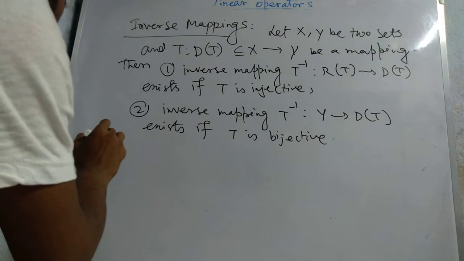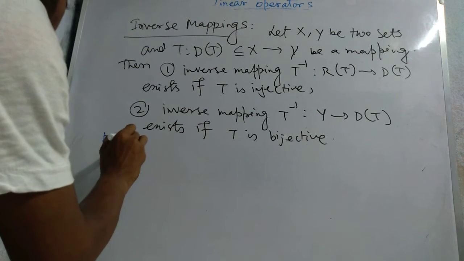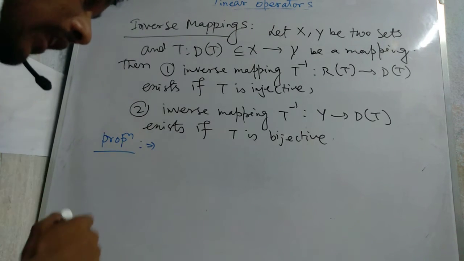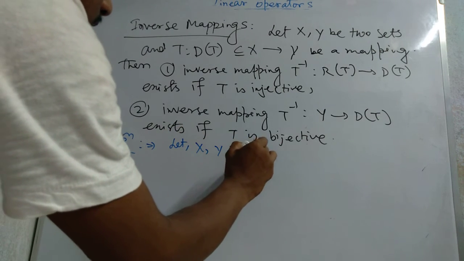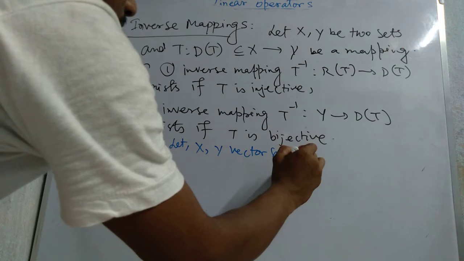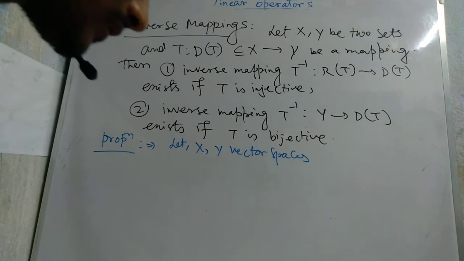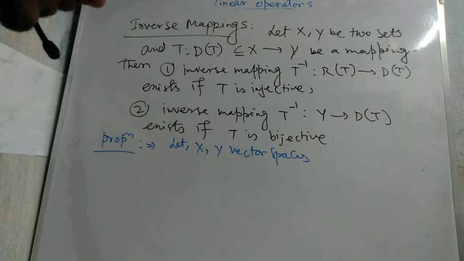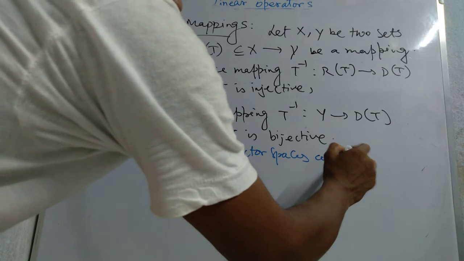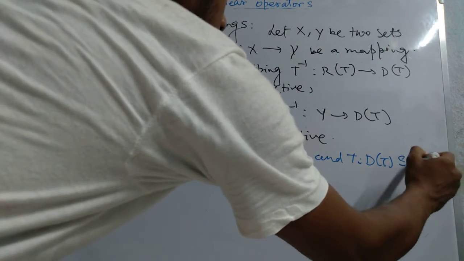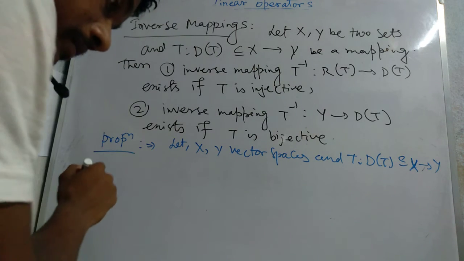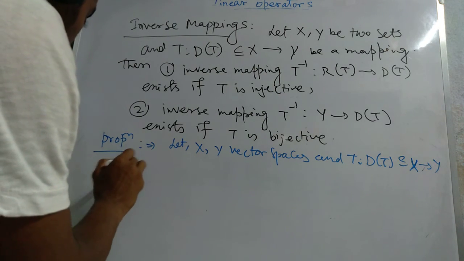This proposition tells us: let X, Y be vector spaces, or linear spaces, and T from D(T), a subset of X, to Y be a linear operator.